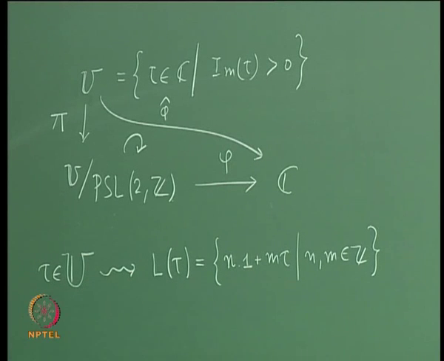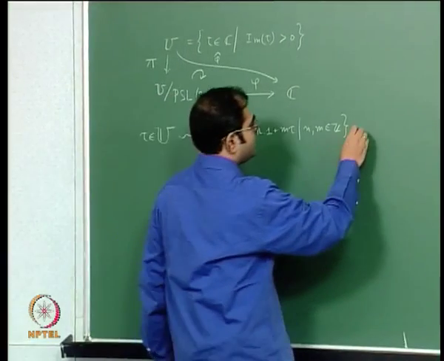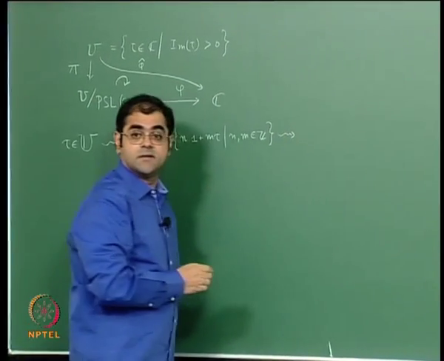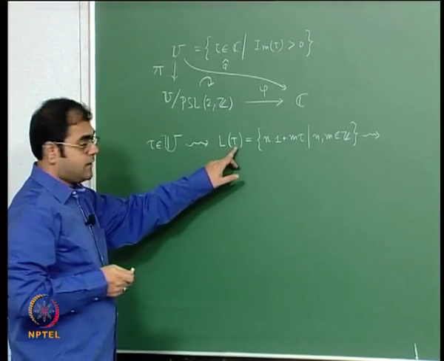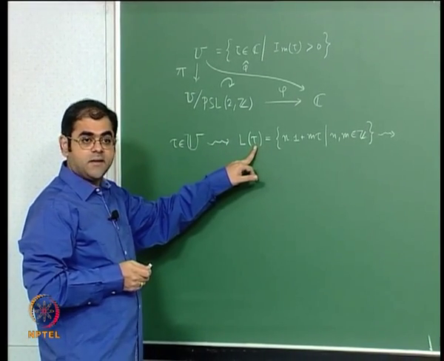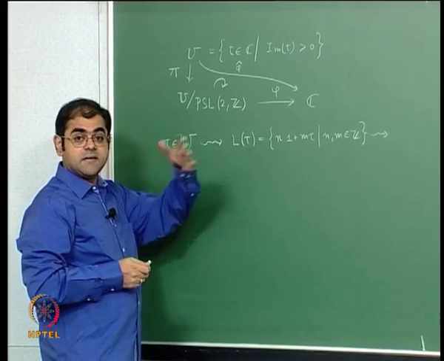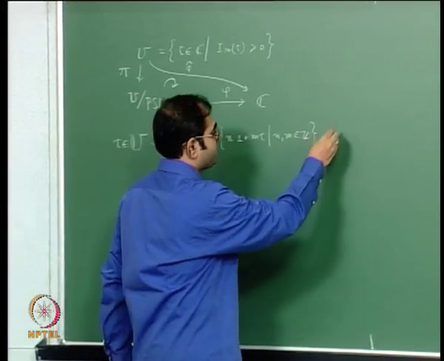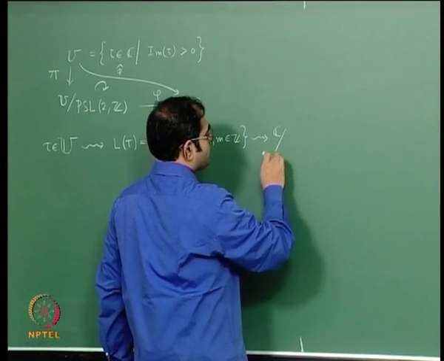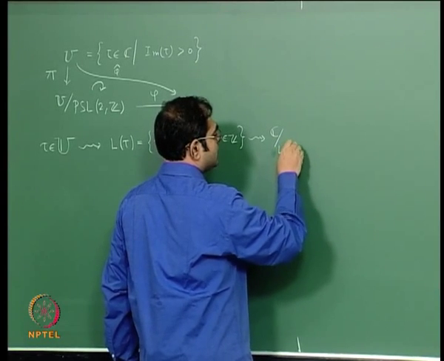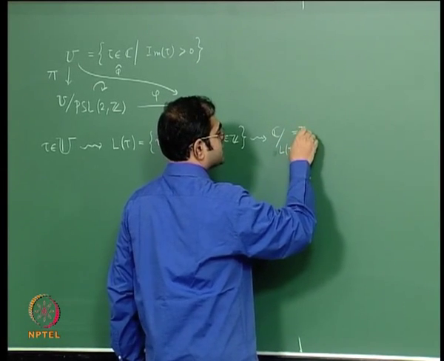Using this lattice we constructed the complex torus by simply going C modulo this lattice, to get a torus T sub tau.